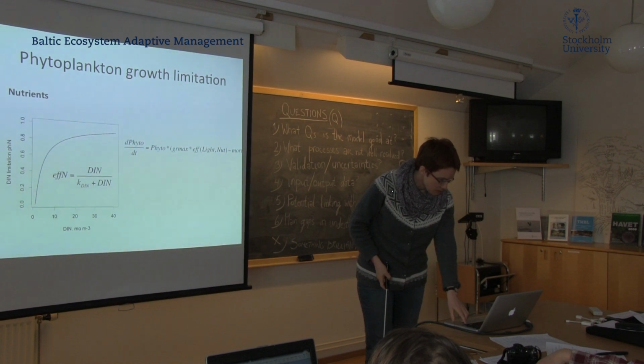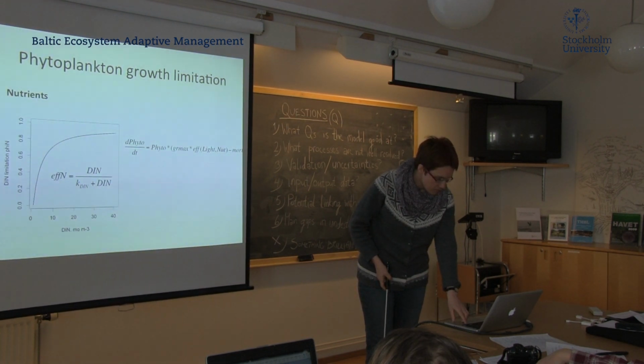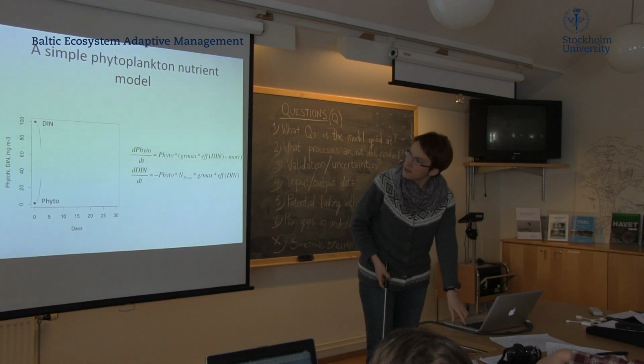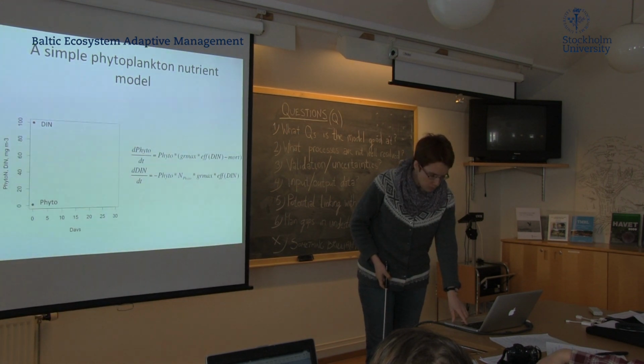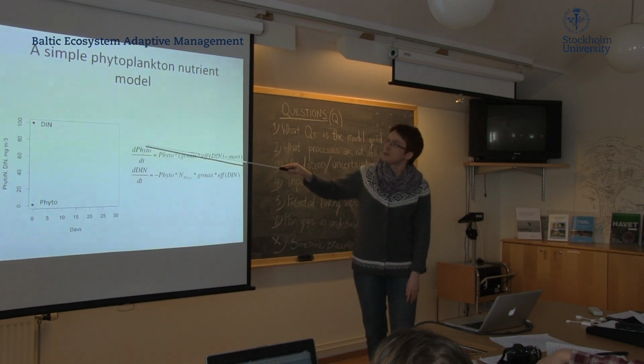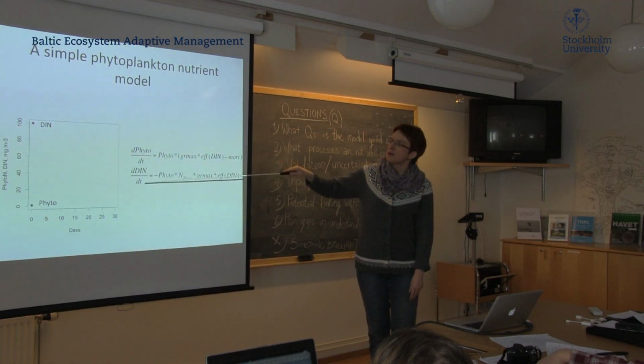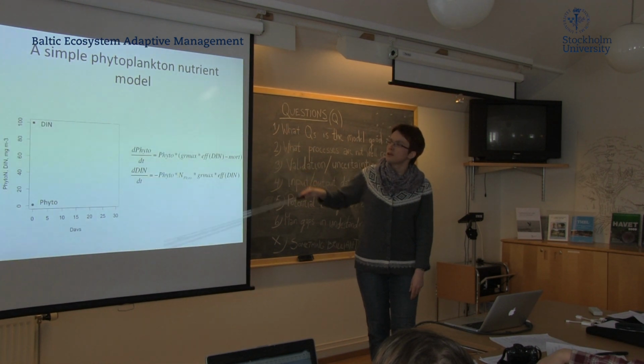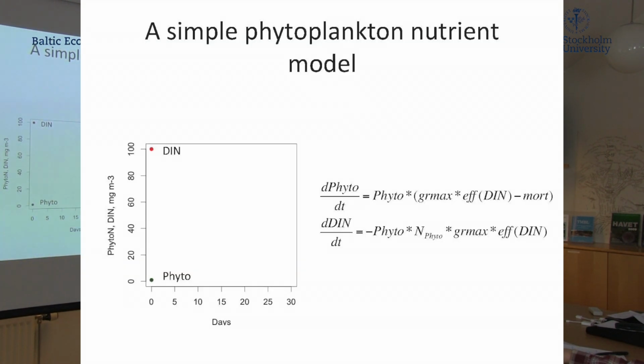I can also show that because I have a very simple nutrient and phytoplankton model. So basically, if you just want to model phytoplankton and couple to it the dynamics of one nutrient, you have to find initial conditions for both of them, and then you can use those differential equations to model onwards.